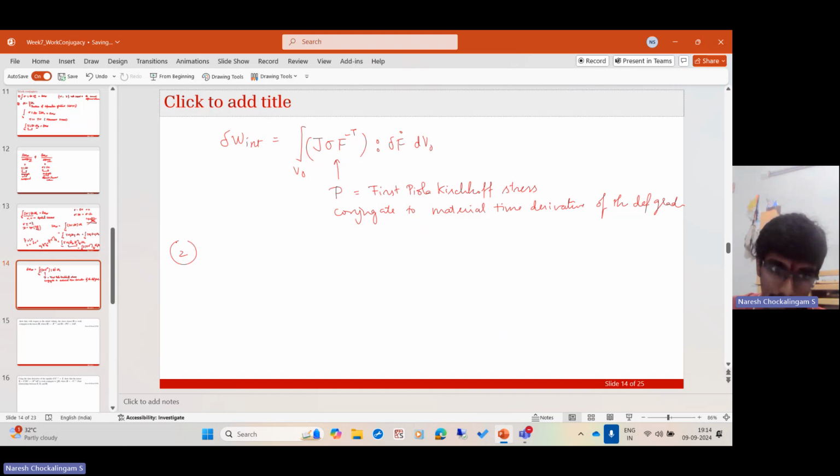So the second work conjugate pair that we have is P and F dot. Where P is nothing but J sigma F inverse transpose.